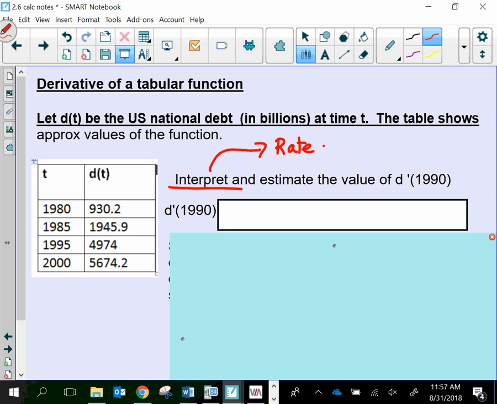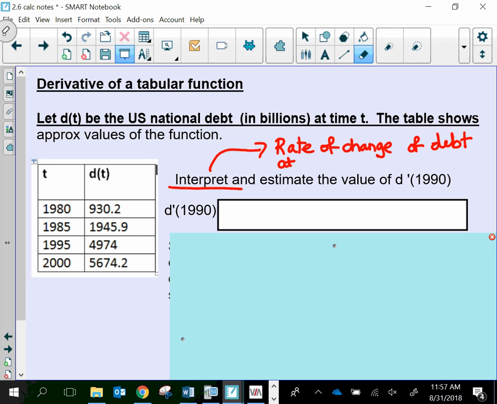So what's changing here? What's changing in your debt here? Right, the rate of change of your debt, and what does the 1990 have to do with it? That's when it's happening, that's right.